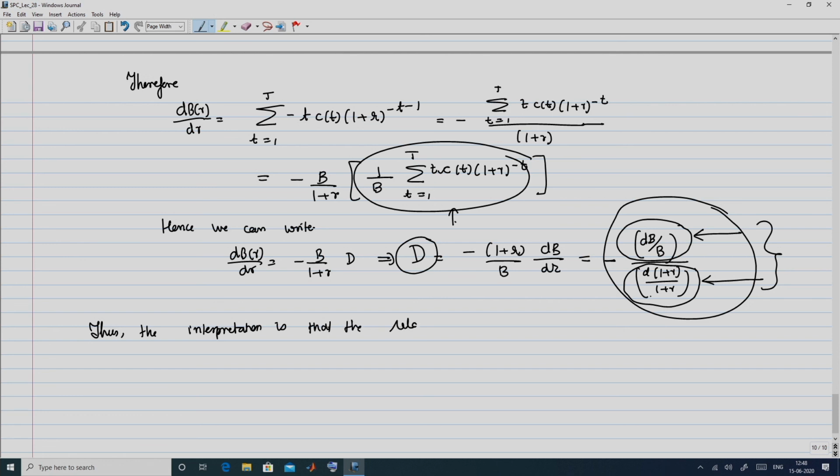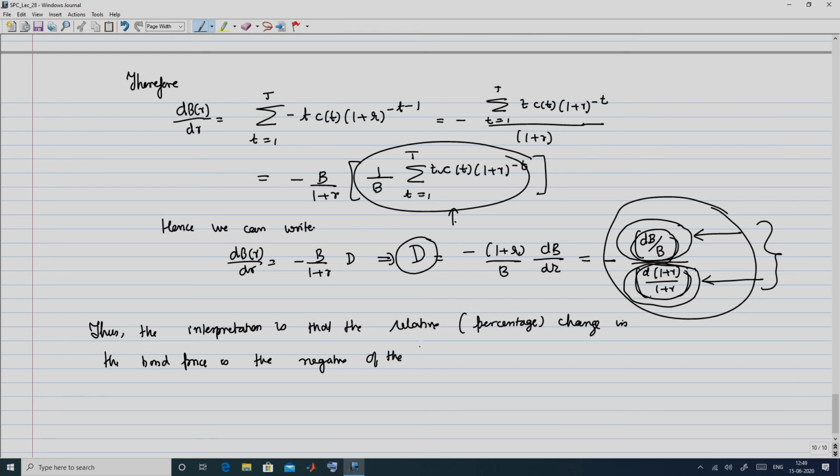the relative, so observe that this is dB over B and d of 1 plus R over 1 plus R. So, this relative or percentage change in the bond price is the negative of the duration.